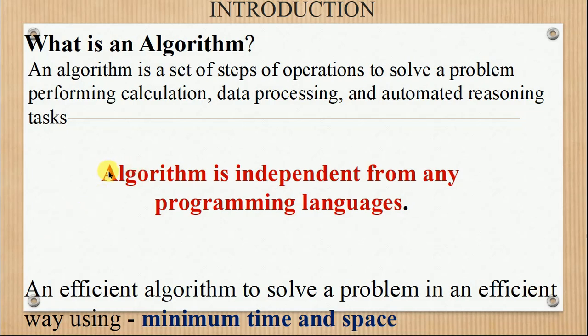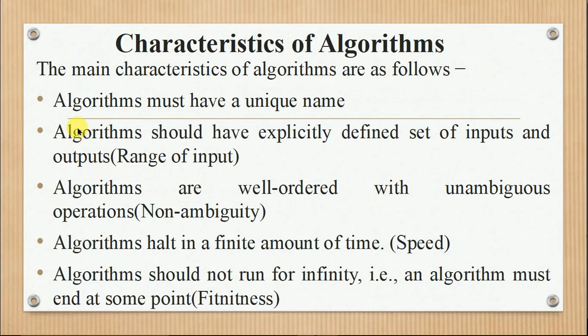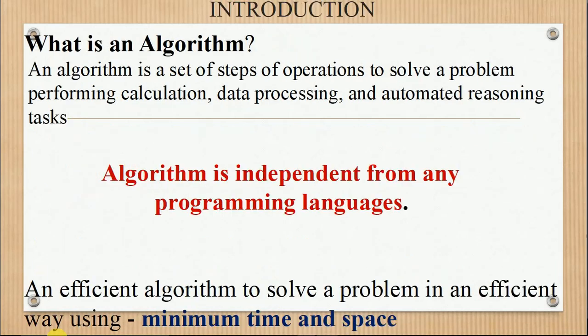Similarly here, once you develop the algorithm, it is not concerned with which programming language you are going to apply it in. The programming language can be C++, Java, Python, or any other language. Once your algorithm is designed, it is final and can be used with any programming language.